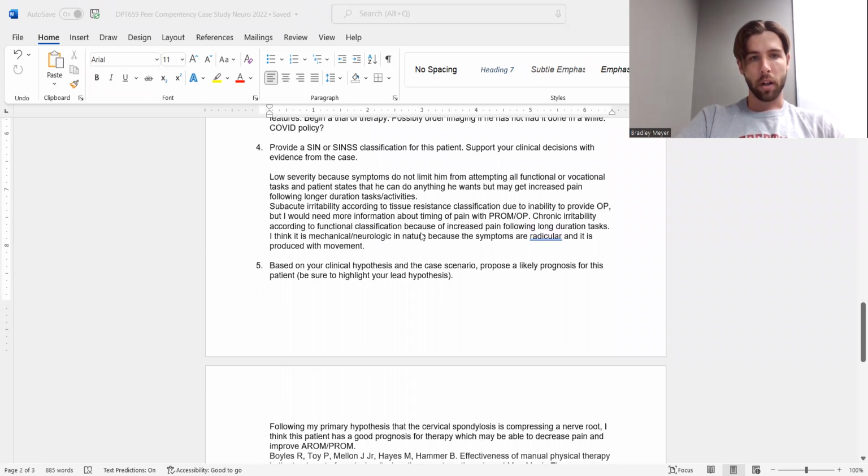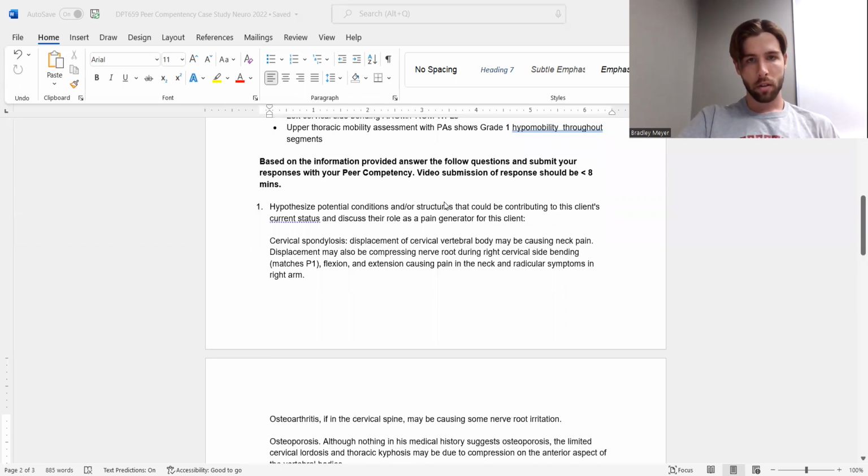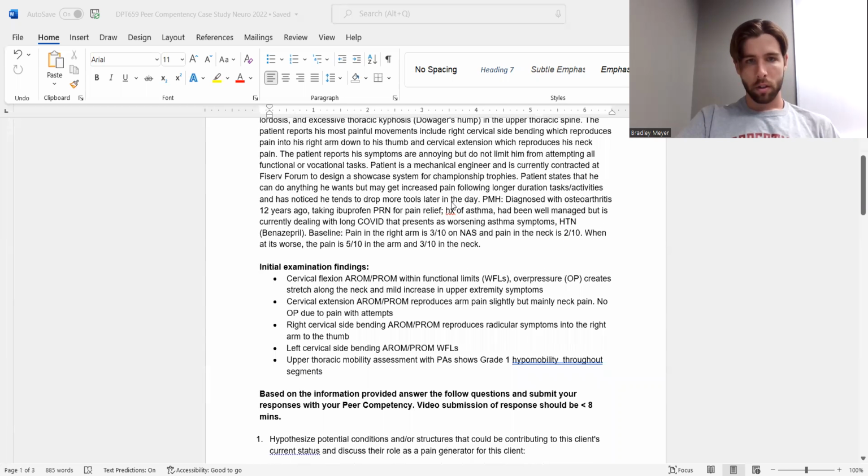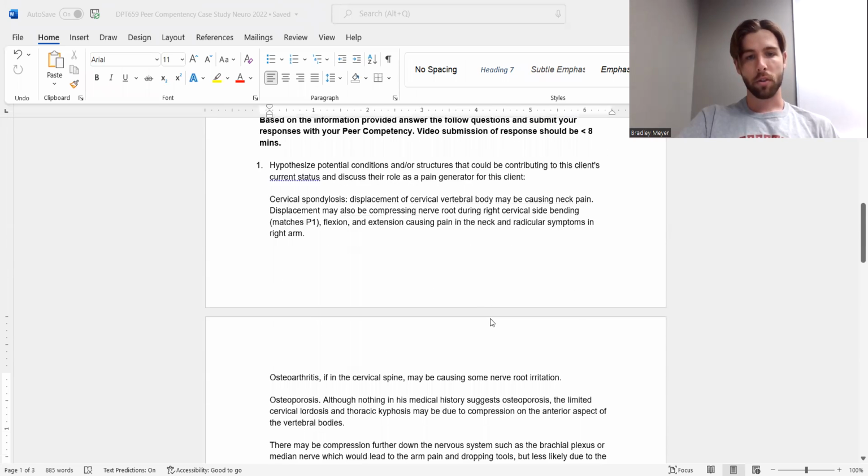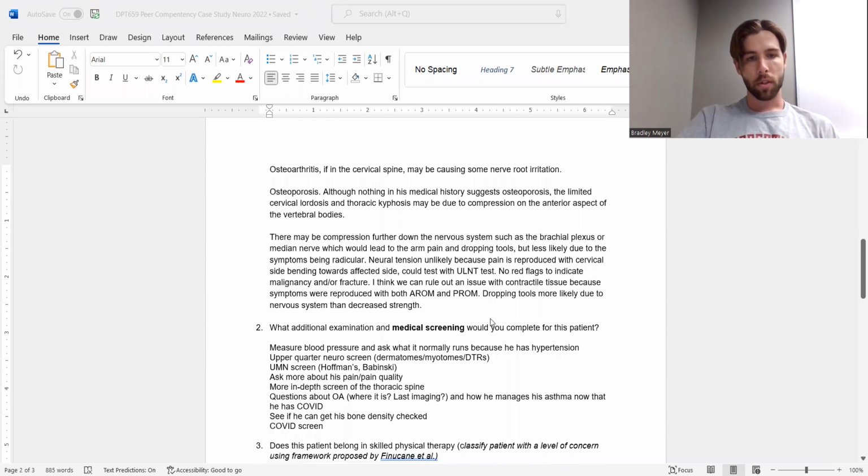According to the SIN model, I would classify him as low severity because his symptoms don't seem to be limiting him with his functional or occupational tasks. He gets increased pain following long duration tasks or activities. So it takes a while for his symptoms to come on.